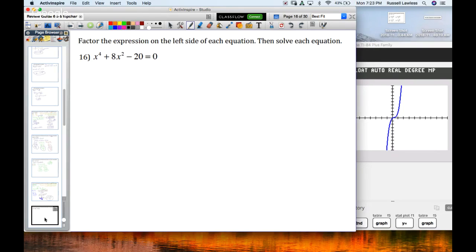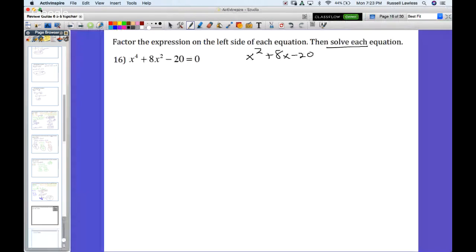So to factor the expression on the left side of each equation, we're again finding that value for x. To factor this, we're going to factor it as if we were factoring x squared plus 8x minus 20. The only difference is rather than splitting it up as x and x, we're splitting it up as x squared and x squared.